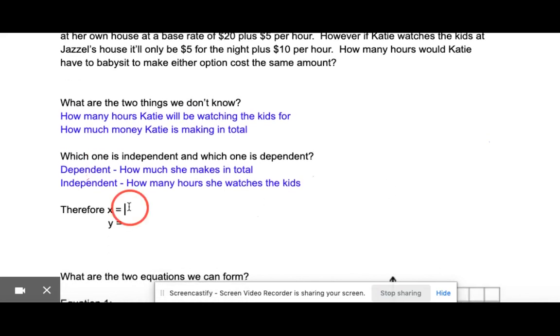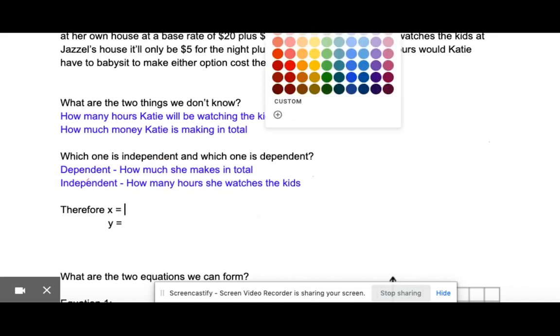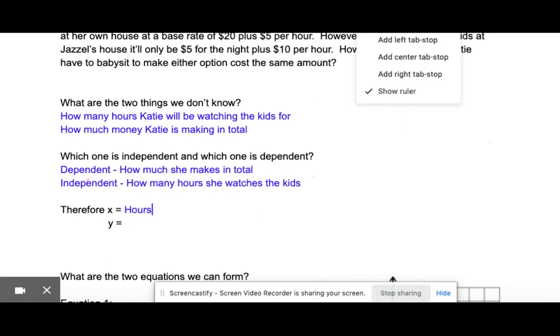So which one's X? Is X the hours or the amount of money in total? Remember, X is always independent in math. So X would be the hours that go by, making Y the dependent one, which is how much she makes in total.